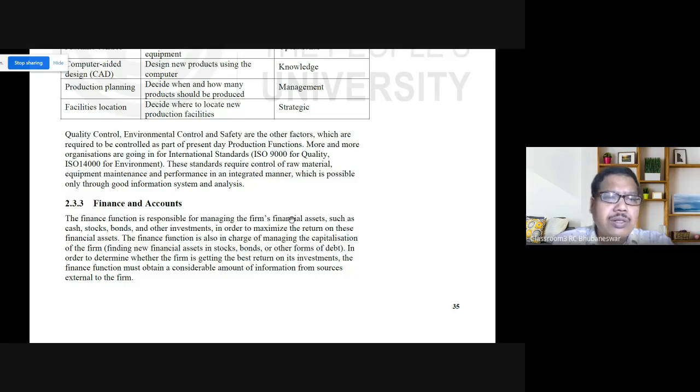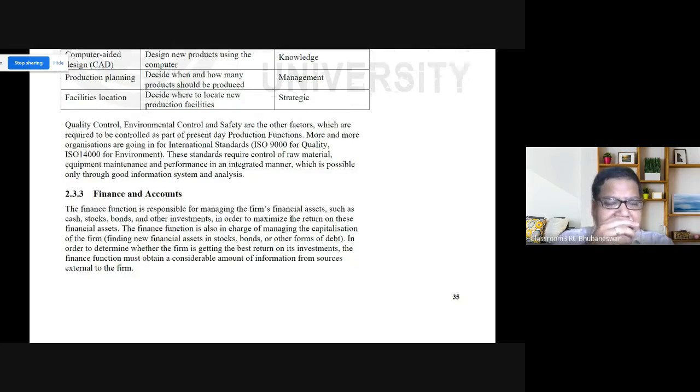Now, coming to the third one, which is finance and accounting. Finance and accounting must look into the responsibility of taking care of financial assets such as cash, stocks, bonds, and other investments in order to maximize the return on the financial assets.